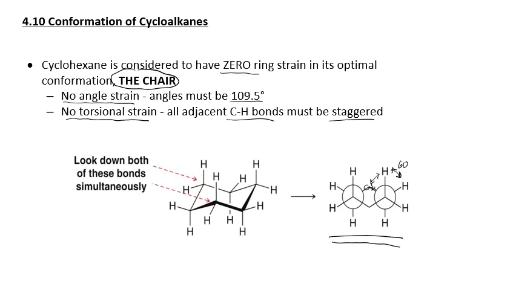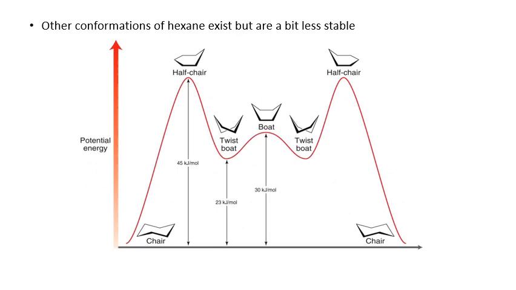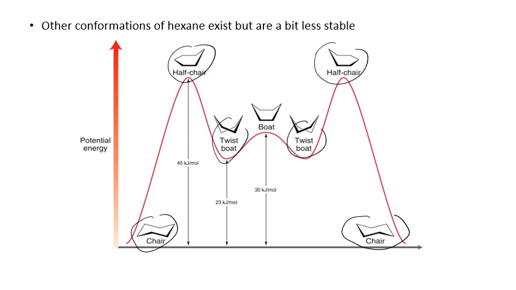So there are other conformations that exist, but they're slightly less stable. Our chair conformations are the lowest energy. The highest energy conformations are the half chair, and then we have twist boats and a boat. I really just want you to focus on the chair conformations. Chair is the most stable cyclohexane.